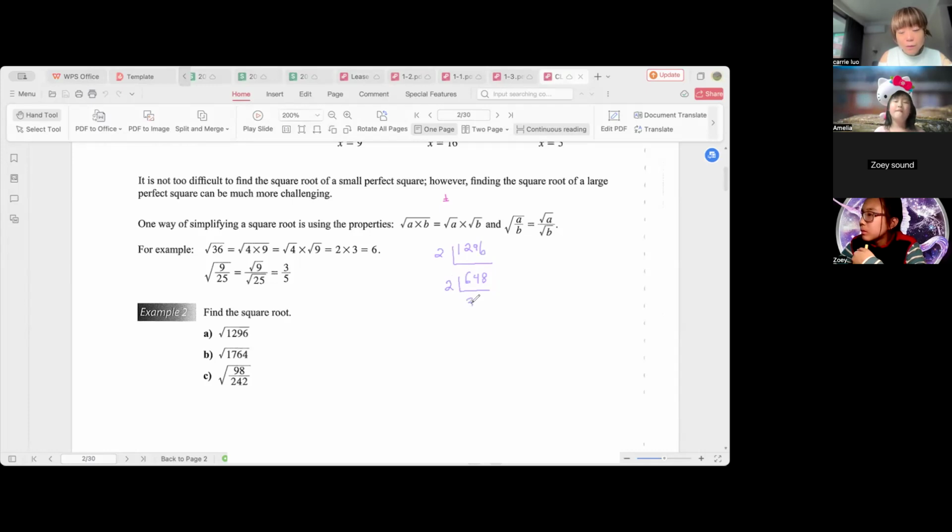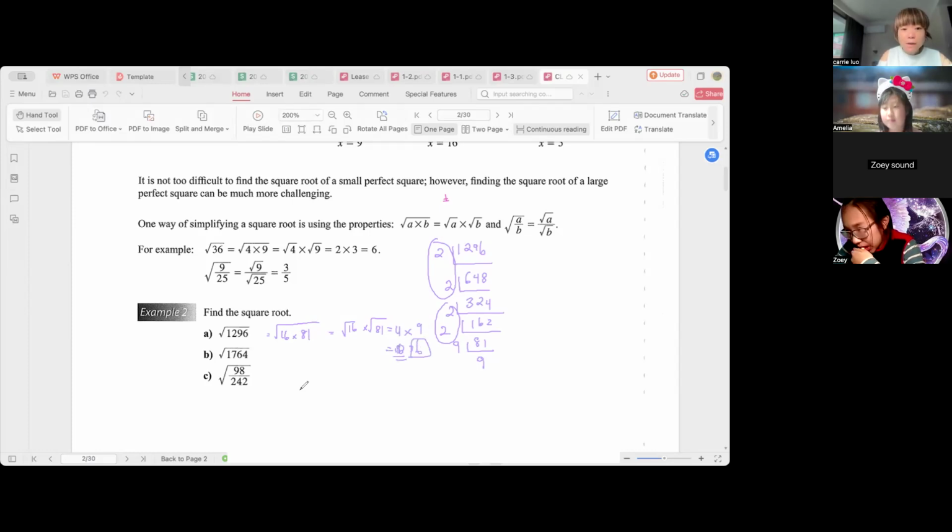So 2, 648, and 2, 324, and 2, 162, and 2, 81. And 81 can do 9 and 9. And you can see here, we have 4 times 4. So this one equals what? Square root 16 times 81, which is square root 16 times square root 81, which is 4 times 9, which is 16. Oh, sorry, 36, what am I doing.